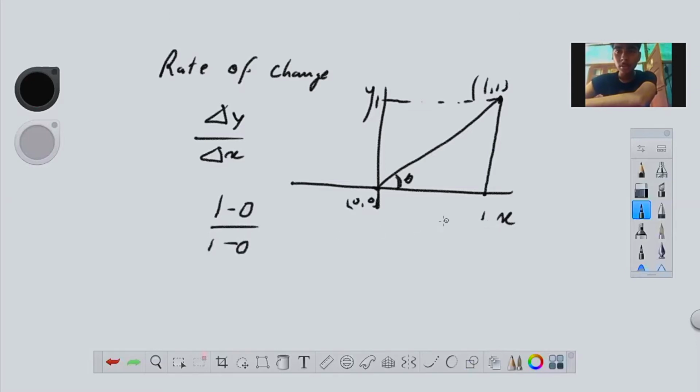If it were some other number, let's say this point (2,3) and (4,6). How will you find the rate of change in this case?